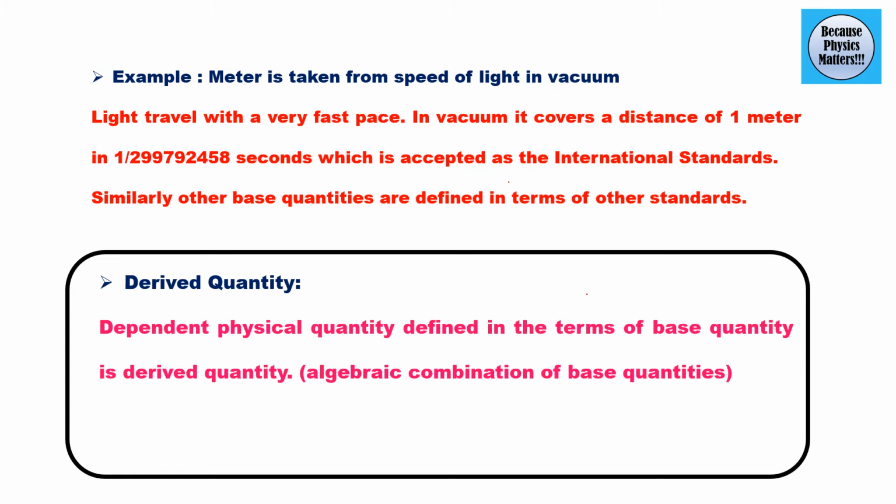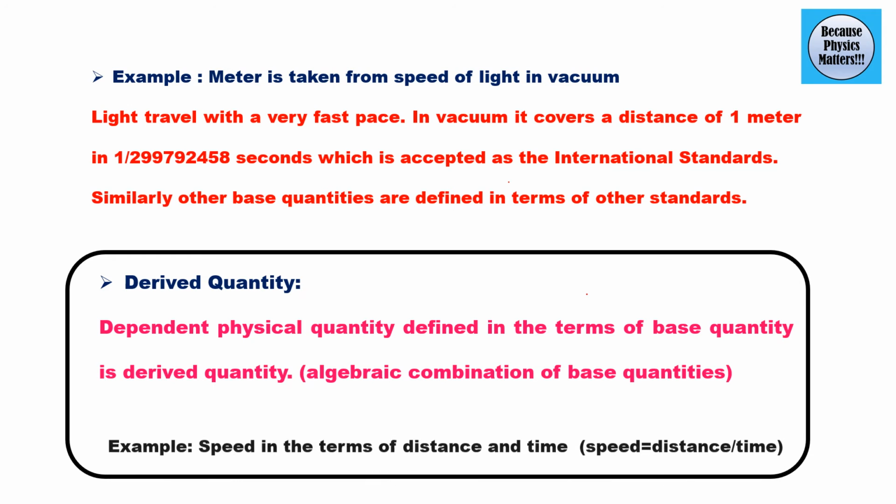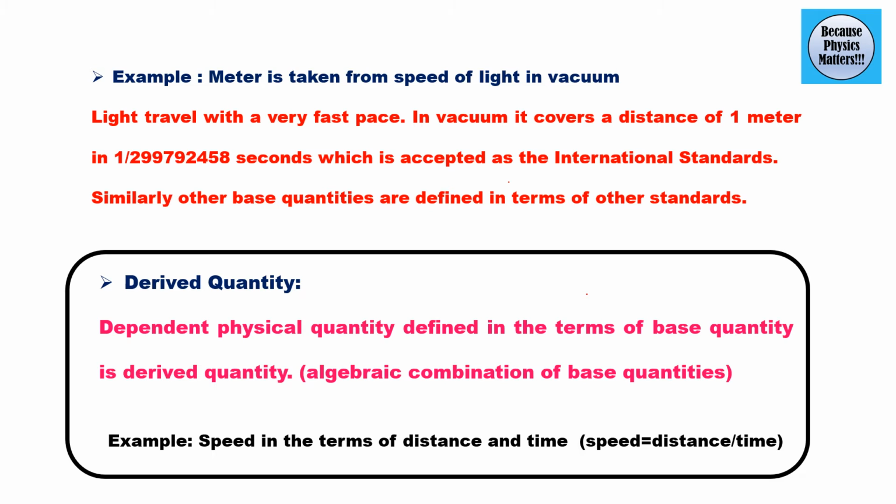So there are other quantities which are dependent quantities, because if we talk about speed, we can say that the speed is the ratio of distance to time. So distance is a base quantity, time is also a base quantity, but speed is not considered an individual base quantity. It is a dependent quantity which depends on the ratio of 2 base quantities, distance and time.